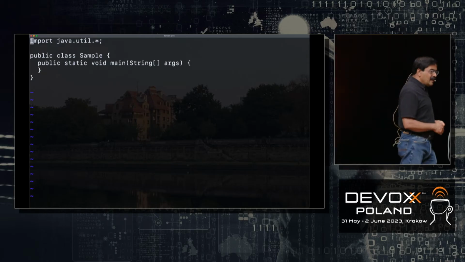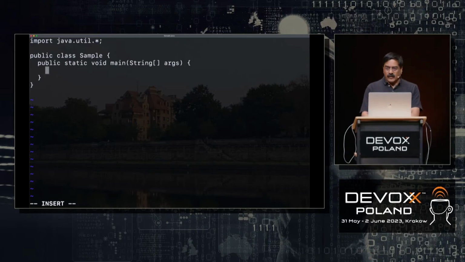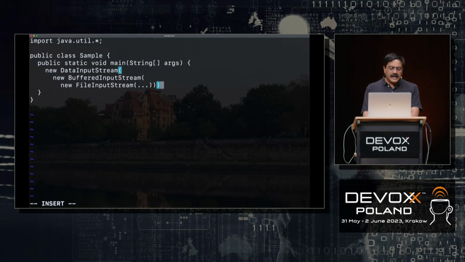But remember that infamous example of the decorator pattern. If I may jog your memory on it, you would say new maybe a data input stream, and then a new buffered input stream, and then a new file input stream, and then, of course, you provide other details for it.